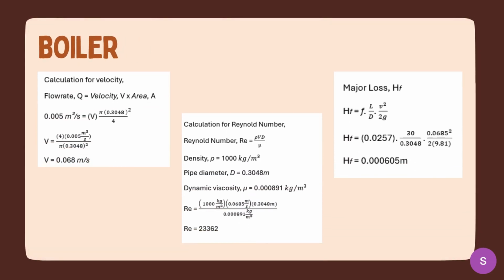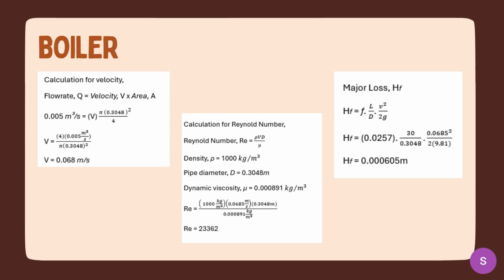Lastly, for boiler process, we need to calculate the velocity first as we use the formula Q equals to AU, which is flow rate equals to velocity times area. The flow rate that we use for boiler process is 500 liter per minute, but we need to convert it to meter cube per second, and we got 0.005 meter cube per second.